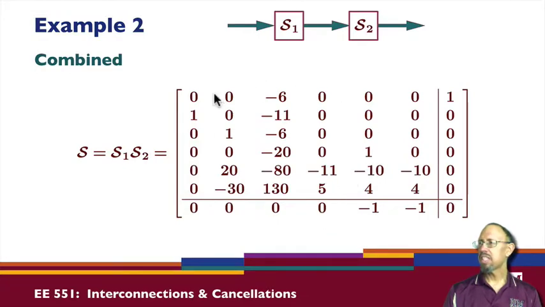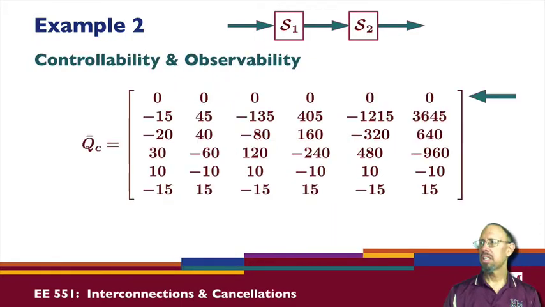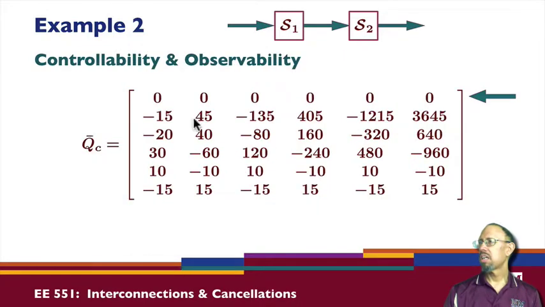If we put this system now into modal coordinates, this is what we get. Again, we have a row of zeros, column of zeros. If we were to take this system now and form the overall controllability matrix, we would see, because we get this row of zeros, we get a row of zeros in the controllability matrix. Okay.